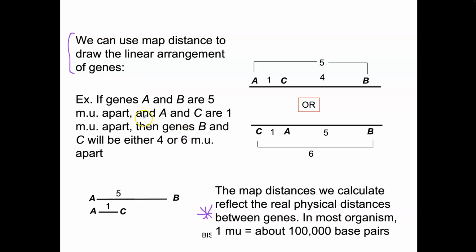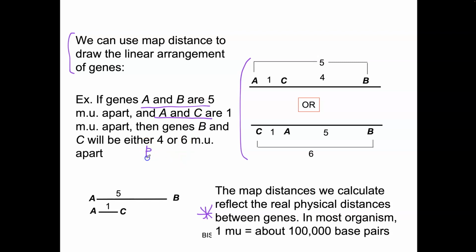Okay, and so suppose you've done the calculation, we can use those map distances to also figure out the arrangement of genes, because if you calculated the map distance between gene A and B, and it turned out to be 5 map units, and the distance between genes A and C was 1 map unit, you would have 2 different possible arrangements. A could be between B and C, or C could be between B and A. And how would you figure that out?